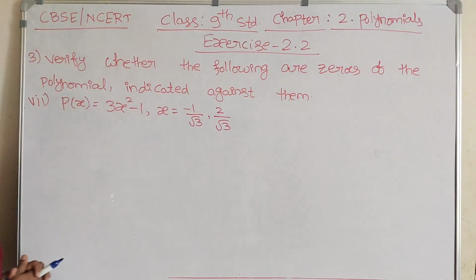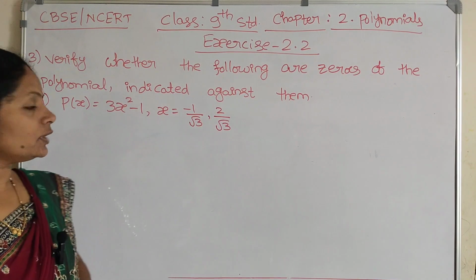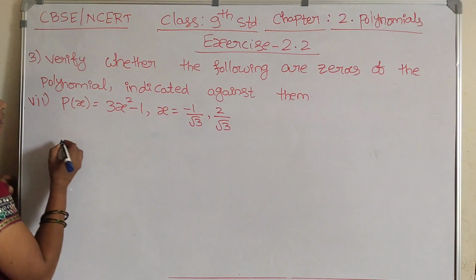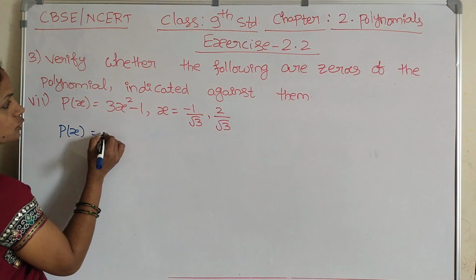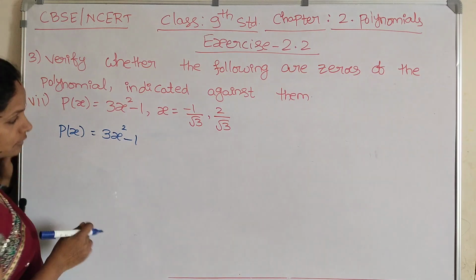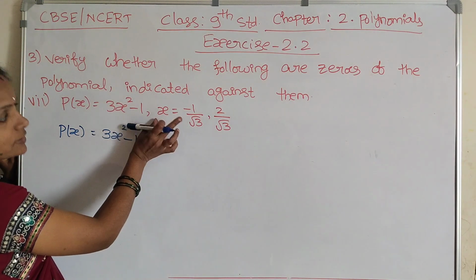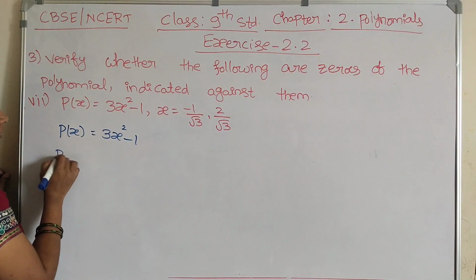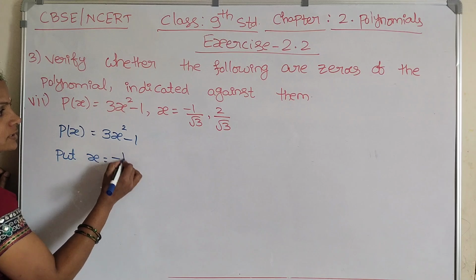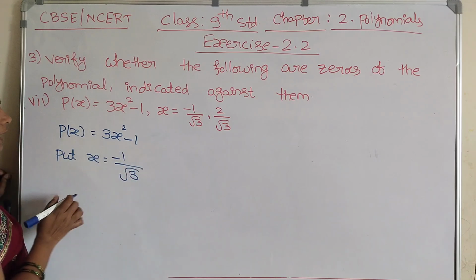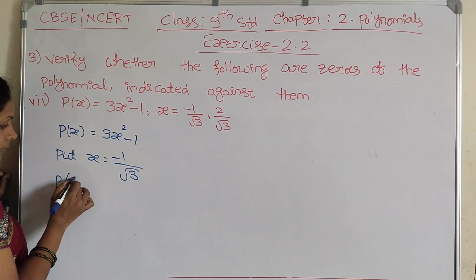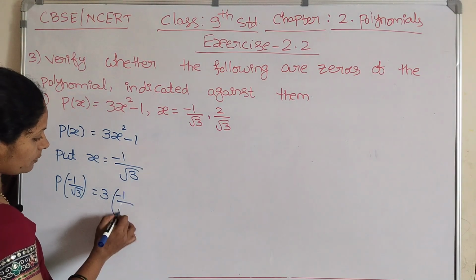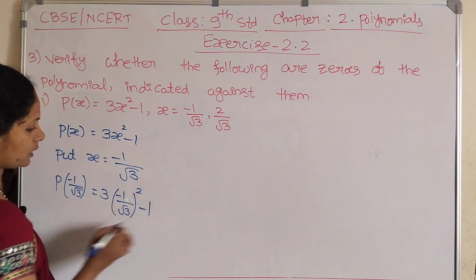Next question. P of x is equal to 3x square minus 1, x is equal to minus 1 by root 3, and 2 by root 3. This polynomial is given to us. In the first case, x is equal to minus 1 by root 3, we have to substitute. Put x is equal to minus 1 by root 3 in the above polynomial. P of minus 1 by root 3 is equal to 3 into minus 1 by root 3 whole square minus 1.